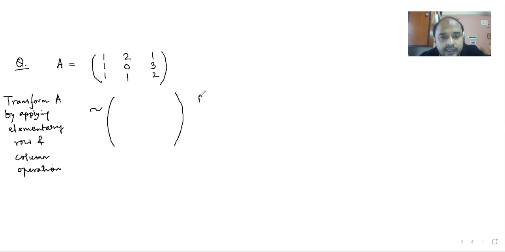So here I am keeping R1 as R1, so R1 is not getting changed. And I am subtracting R1 from R2, so I am writing R2 equal to R2 minus R1.